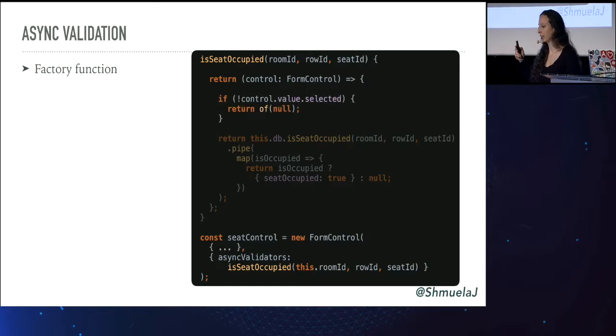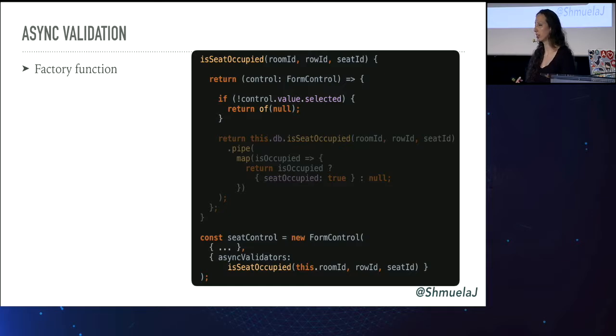Okay, and very important, you have to check whether the value of the control is selected or not, because we want to do the asynchronous validation only if the seat is selected. If it's not selected, we don't care if it's occupied or not.